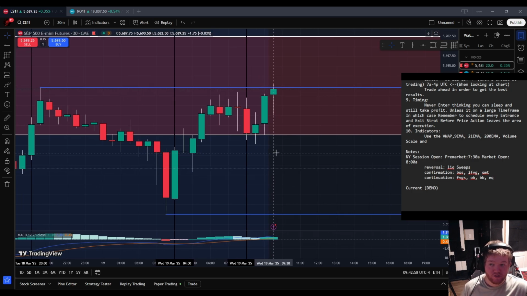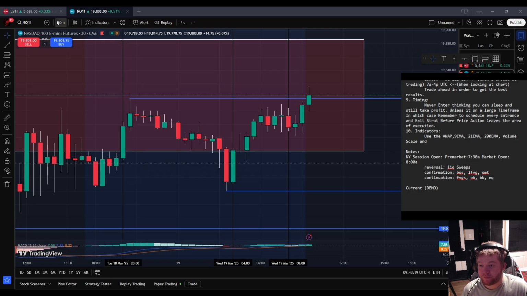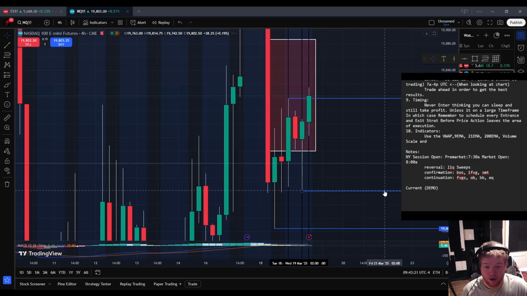This is not the time frame to be trying to take a trade off of. This is not the time frame he's teaching us to trade in. This is the time frame he's marking key levels. Specifically, more accurately speaking, he's marking key levels on the 4-hour, all the way up here.